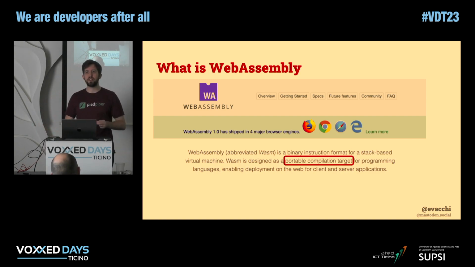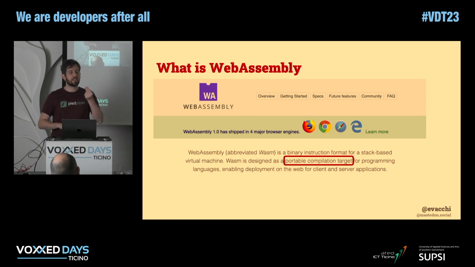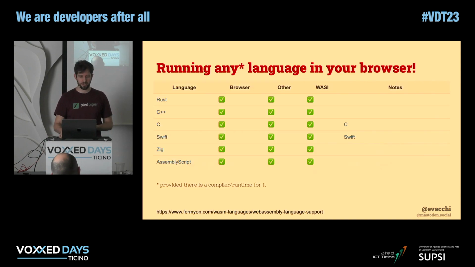So WebAssembly is just that. It's a compilation target that can run in the browser, or, to be more precise, that can leverage the engines that are usually inside the browser. But as we know, Node.js can be run outside the browser, and there are others as well. We'll see those. So we have all we need to have this new format. So that's what WebAssembly is.